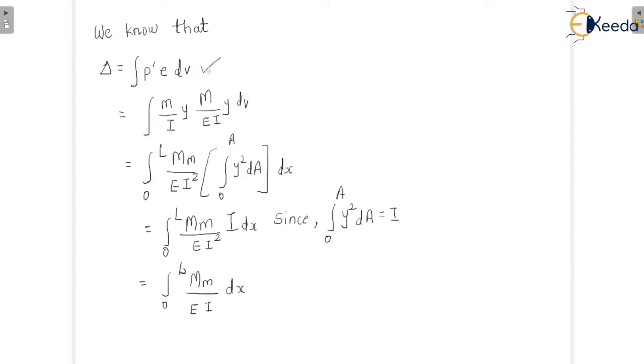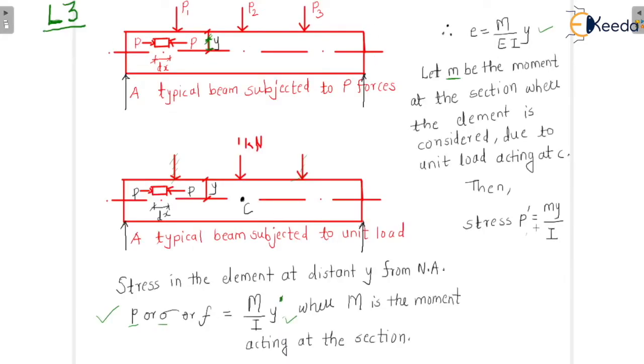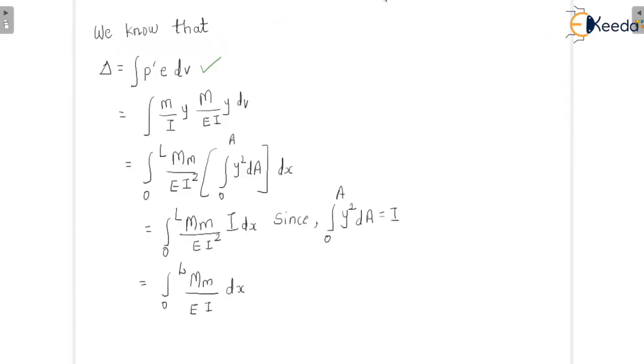Now we already know from our previous class that delta is given by p dash into E into dV, which is nothing but stress into strain into dV. We have seen that p dash is m into y by I, and E is M by EI into y. Simply substitute these values.